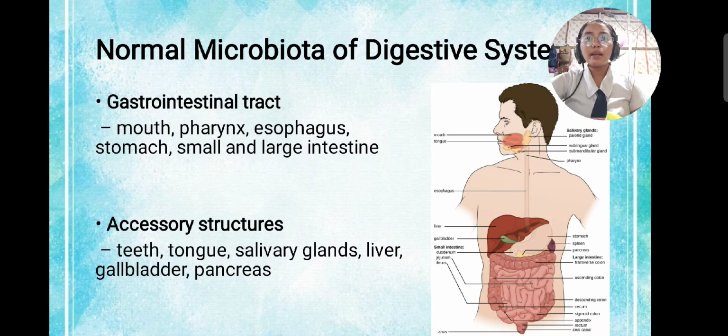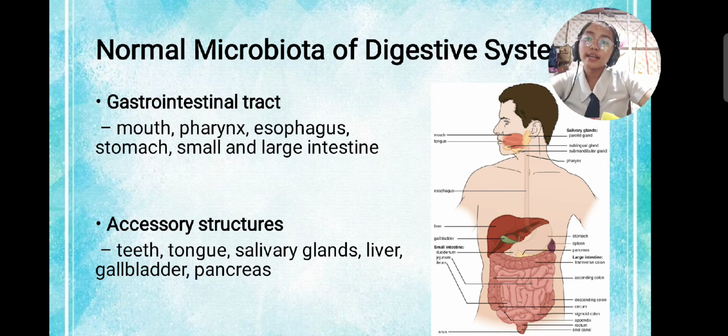Next is the normal microbiota of the digestive system. The main functions of the gastrointestinal tract are to digest and absorb ingested nutrients and to excrete waste products of digestion.